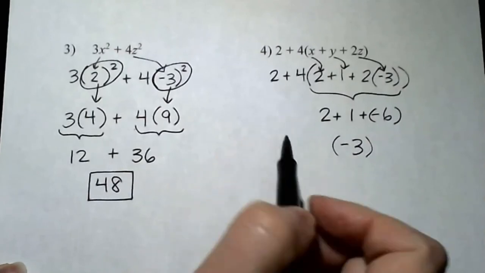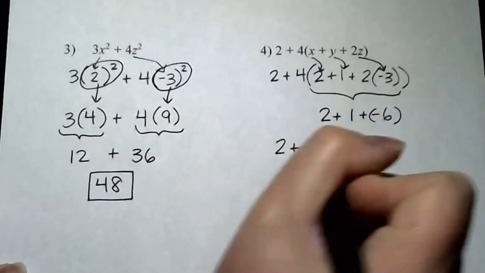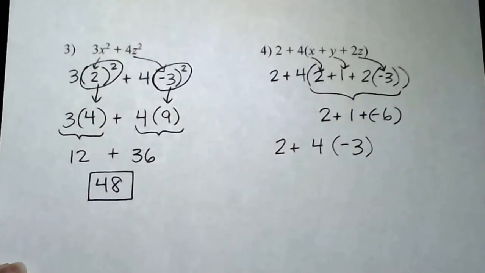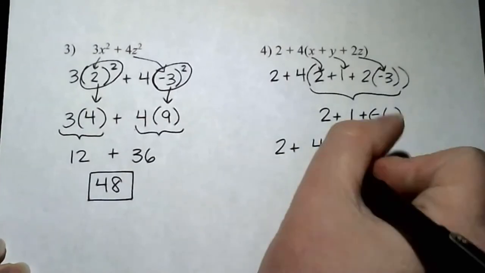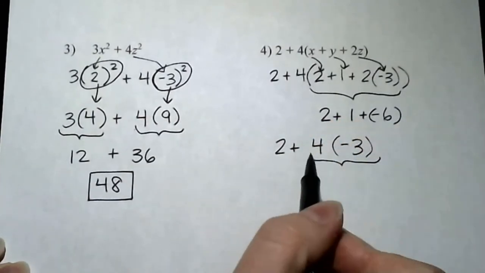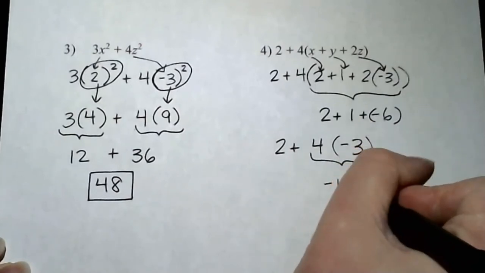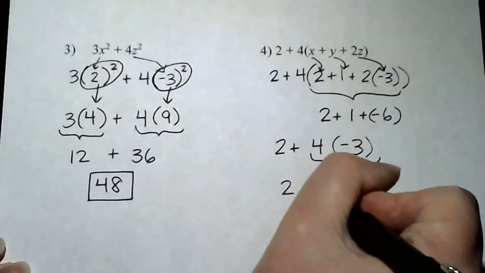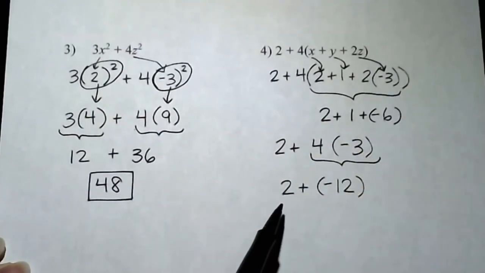And then I'm going to bring everything else down that I haven't used yet. And take another look. So next, I need to finish the multiplication right here. 4 times negative 3 is negative 12. And then add this up.